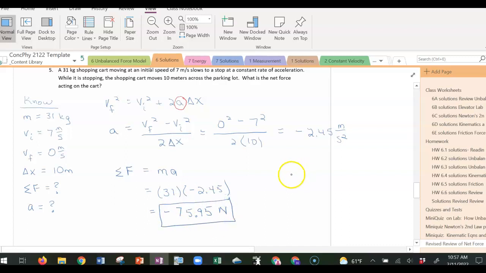It's probably negative because it's opposing the motion, right? If we thought about the force diagram on this cart, the weight and the normal force are balancing in the vertical direction. There's no applied force in the direction it's moving, but there is friction. So that net force is probably this friction force. But anyway, they didn't ask us to figure that out.